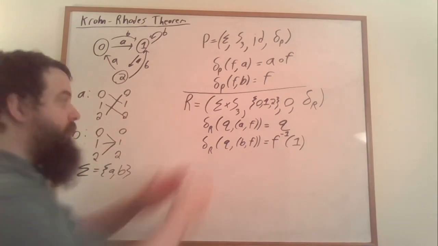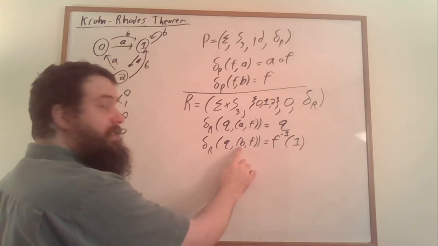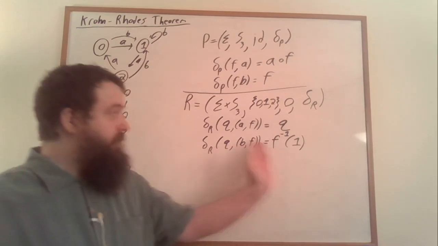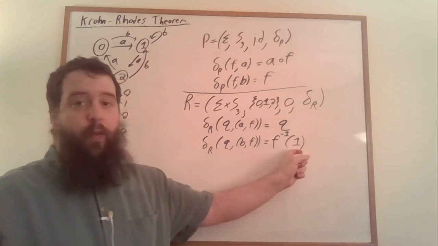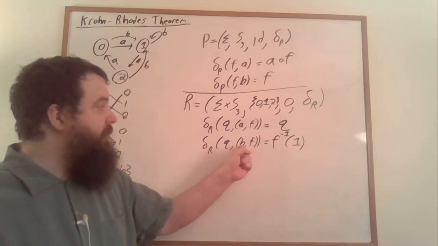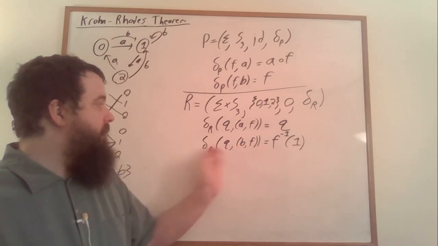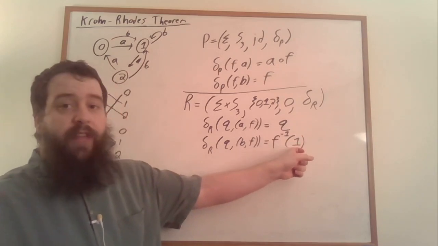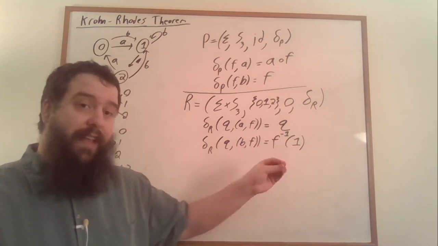In the actual situation, we've just seen a reset to B. And so this transition function just transitions into F inverse of 1. For the general proof, if we have a reset, then the transition function should just do F inverse of whatever state that reset resets to.